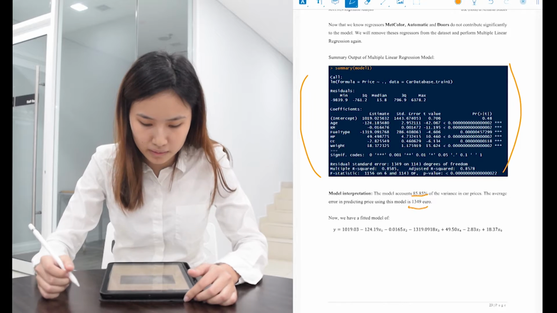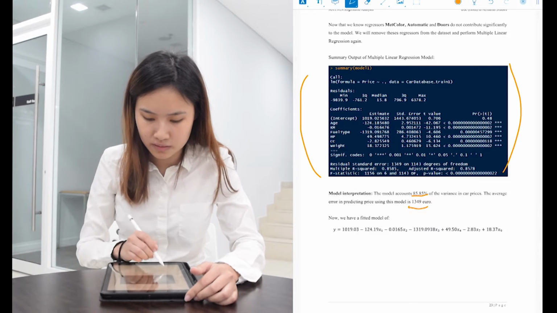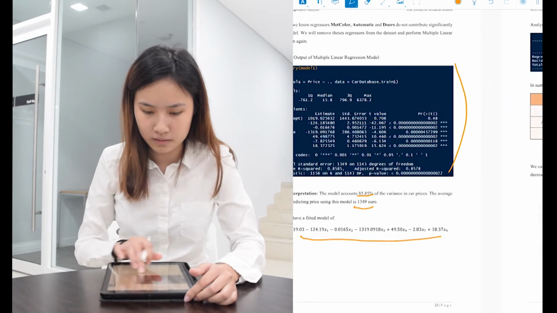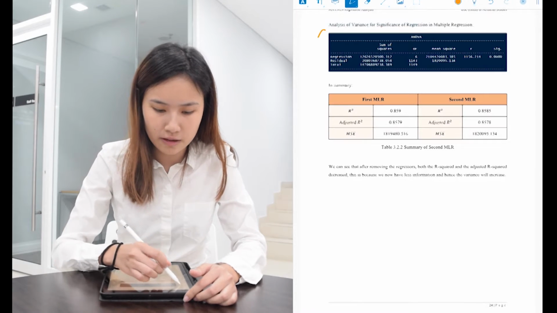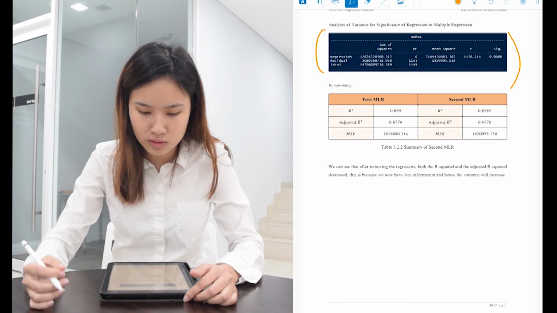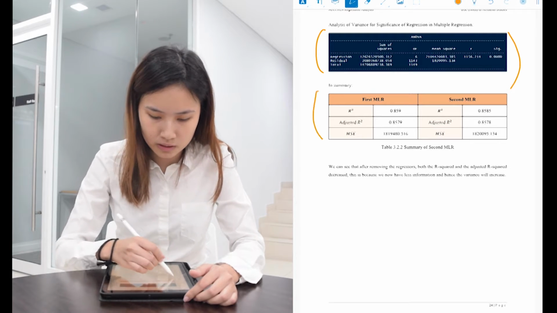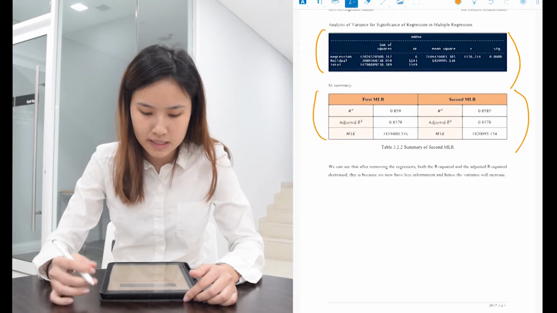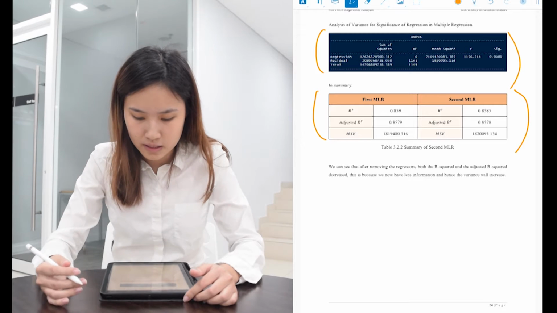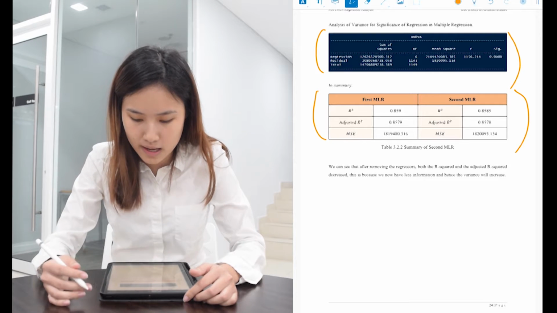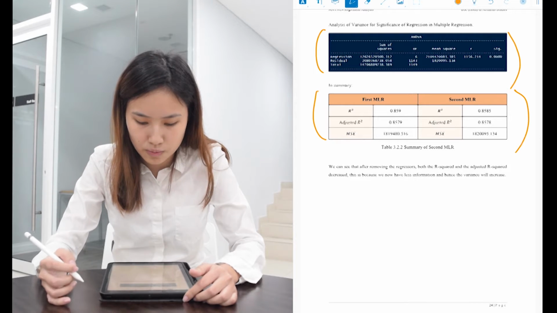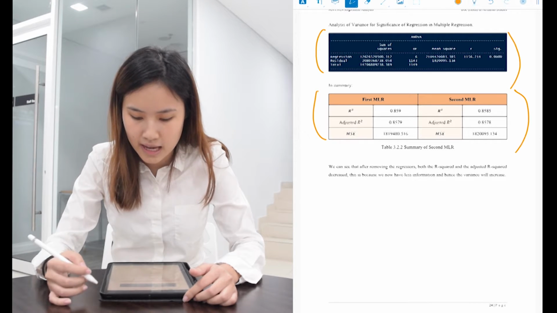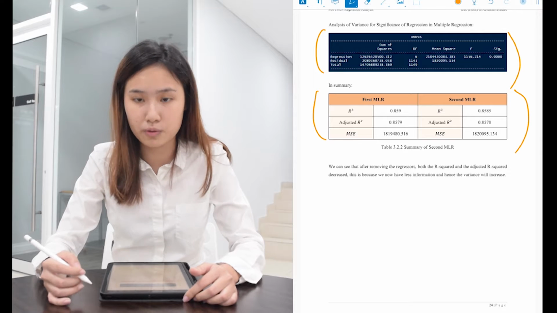Now we have the fitted model of this equation. This diagram shows the ANOVA table, and from this table we can see that after removing the regressors, both the R square and adjusted R square decreased. This is because we now have less information and hence the variance will increase.